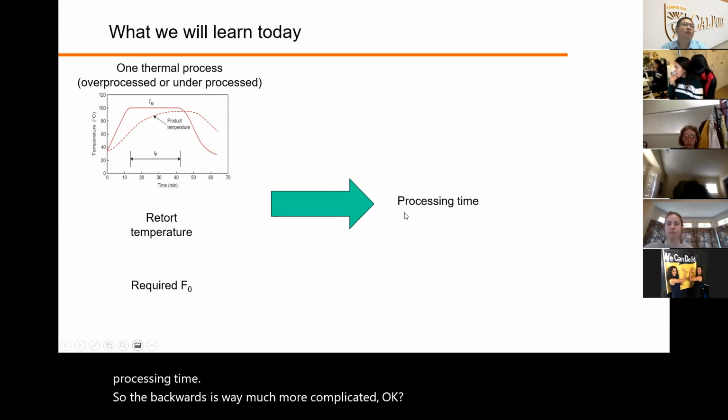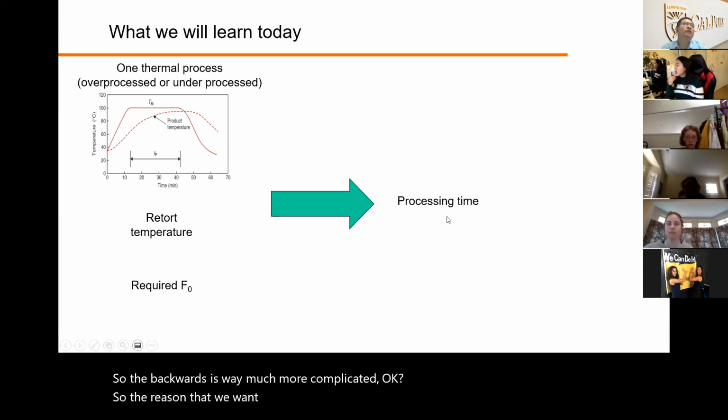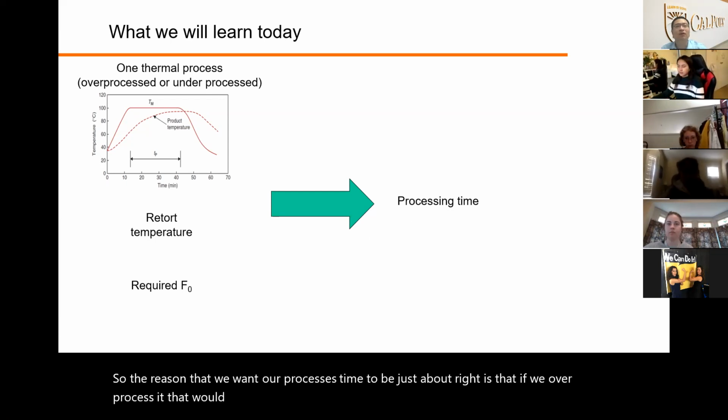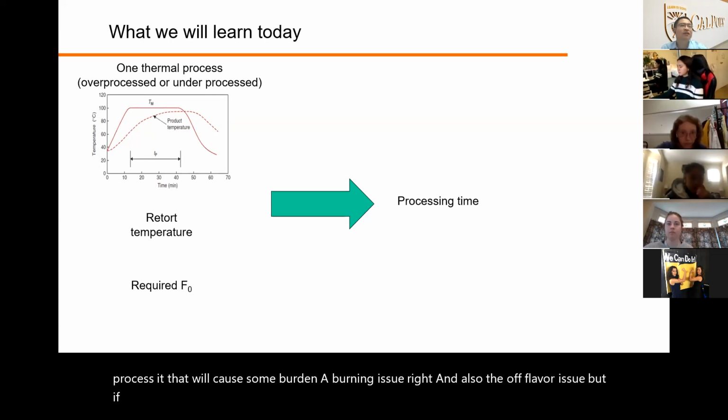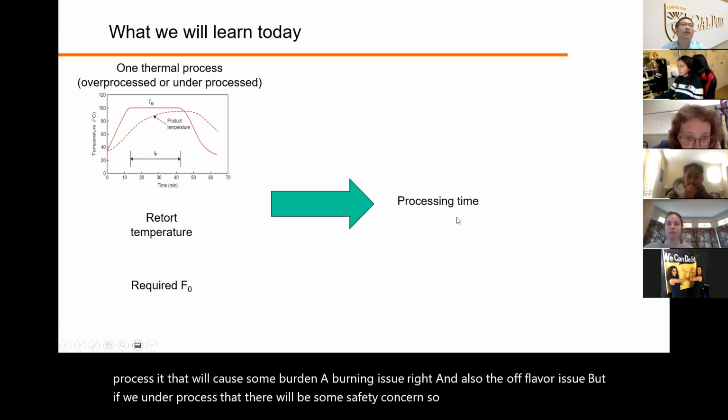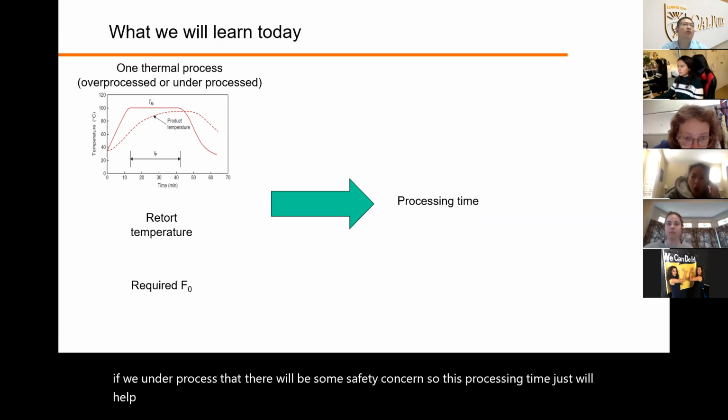The reason that we want our processing time to be just about right is that if we overprocess it, that will cause a burning issue, right? And also an off-flavor issue. But if we underprocess it, there will be some safety concern. So the processing time will help us limit our F0 value to be rather close to the required F0 value.